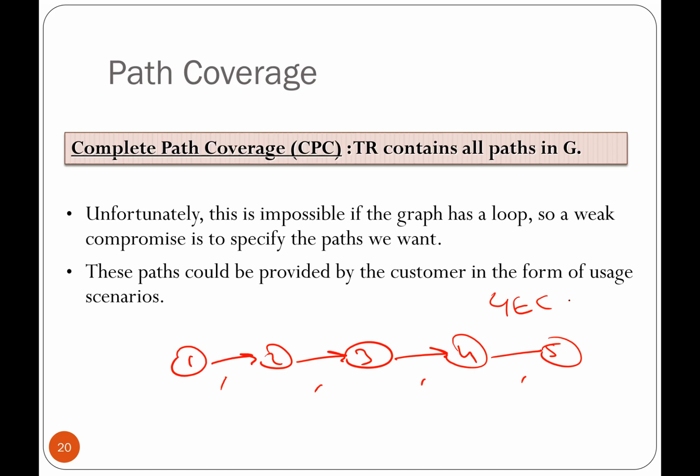But we face a problem once we have a situation such as this, where we have a loop. Because once we have a loop, the number of paths becomes infinite.